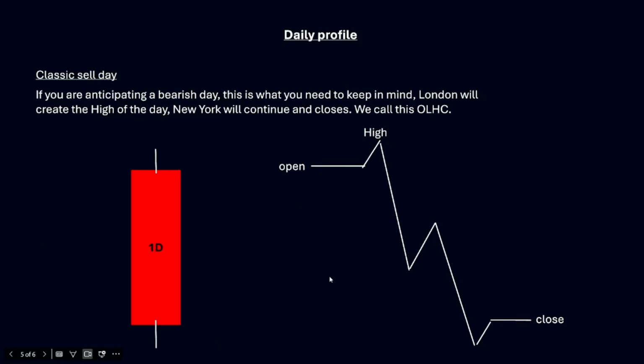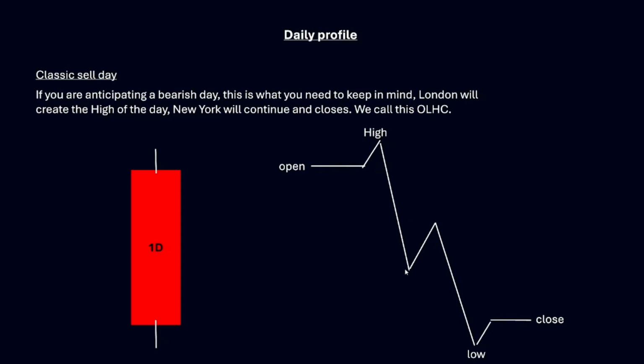So it's still the same thing as the classic buy day, just opposite. We are anticipating higher for London to create the high of the day during the London section, and we are expecting the low of the day during the New York section and a trend continuation during the New York section to execute. And if you're looking to catch the whole daily trend, it's mostly going to be looking for an entry from the London section.